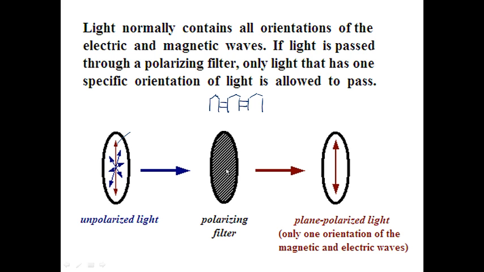There's my crude designation of a picket fence. So the polarizing filter only allows one orientation of the light to come through, and therefore we make what's called plane polarized light.